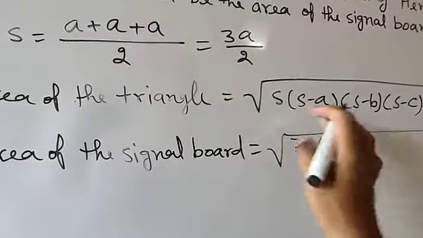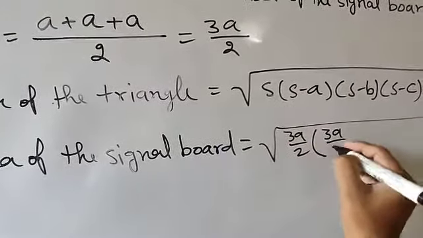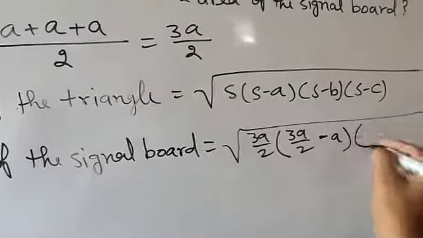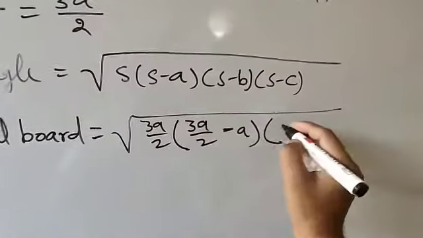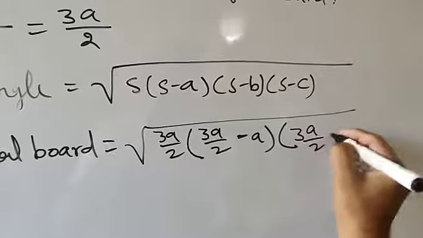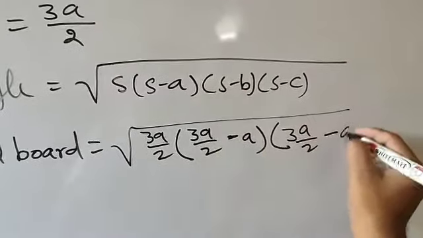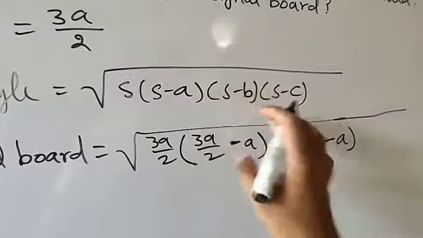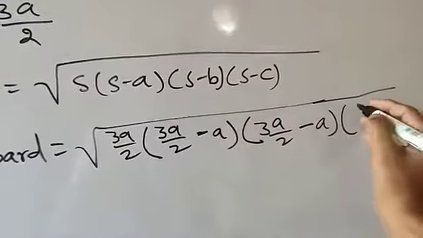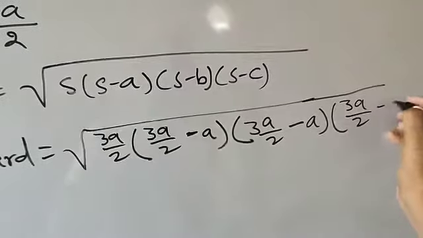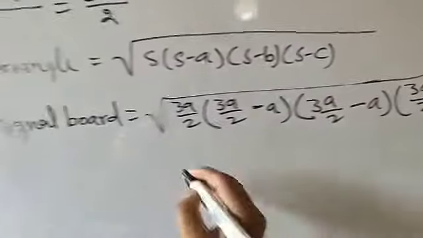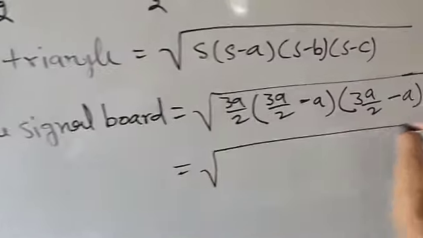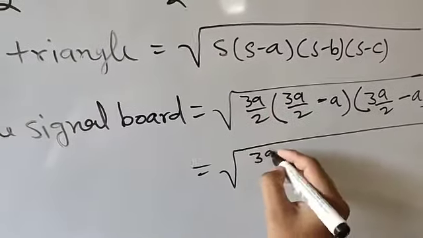Now in the bracket S minus A, so 3A by 2 minus A. Again in the second bracket S minus B, so 3A by 2 minus A, and the second side is also A, since it is an equilateral triangle. Again S minus C, so 3A by 2 minus A. Now it is equal to under root 3A by 2.